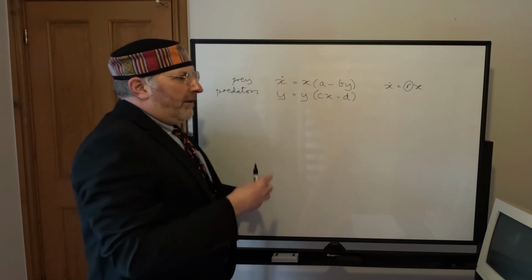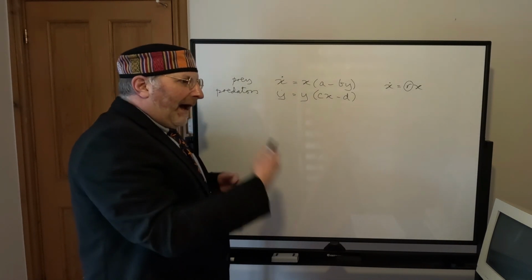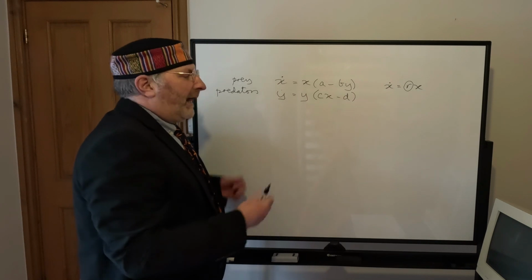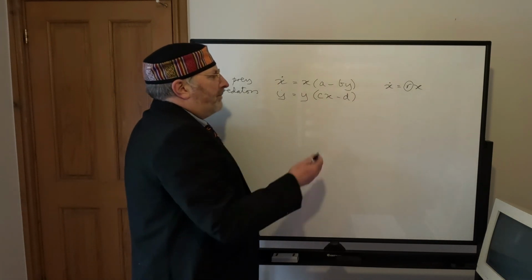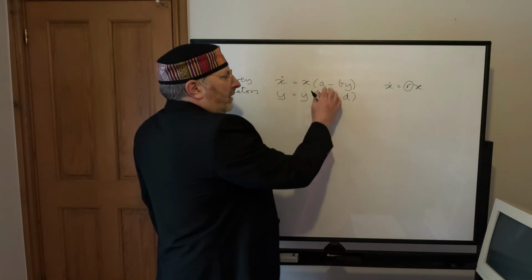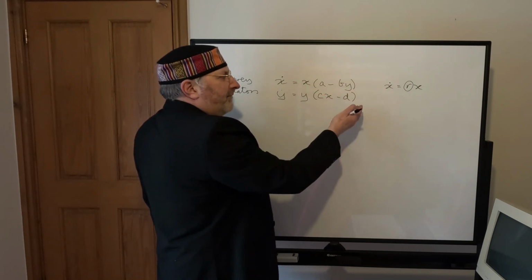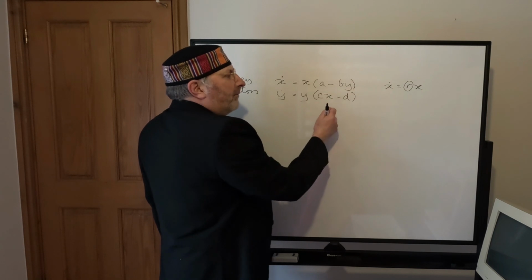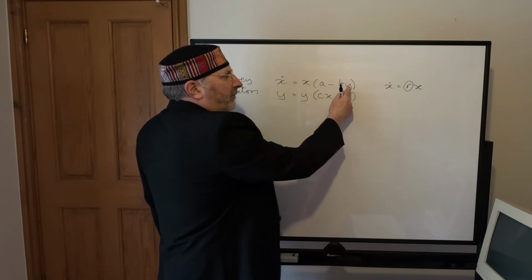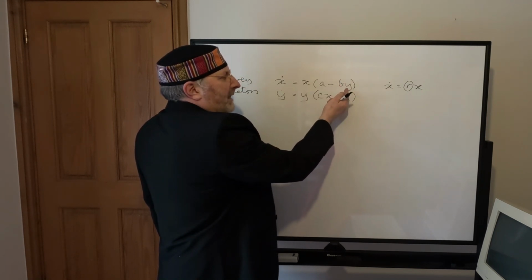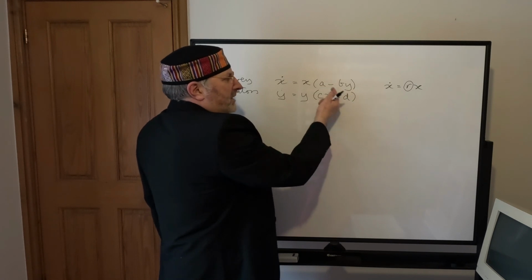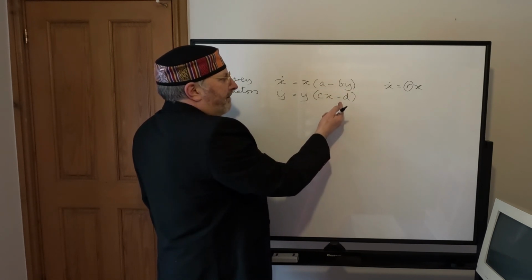So it's saying that the births of the rabbits would outweigh the deaths in the natural condition. But there's another factor increasing the deaths of the rabbits, which is that they're being eaten by the foxes. And this is what this term represents. The more foxes there are, the more rabbits are being eaten. And so that decreases their growth rate.